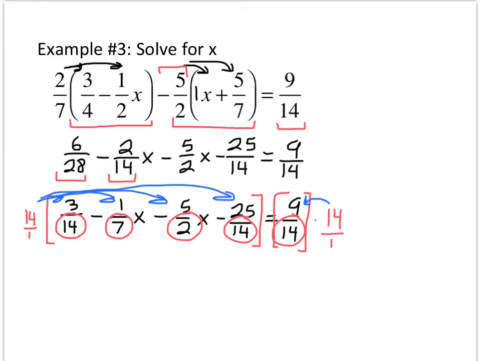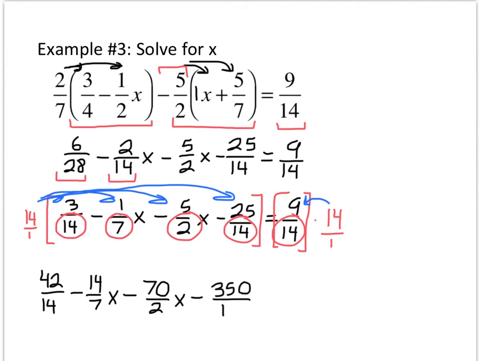So if we multiply through, 14 times 3 is 42 over 14, minus 14 over 7, minus 14 times 5, which is 70 over 2, minus the 25 times the 14, which turns out to be 350 over 14, and the 9 times the 14, which ends up being 126 over 14.